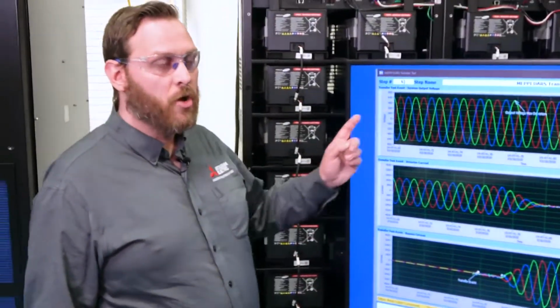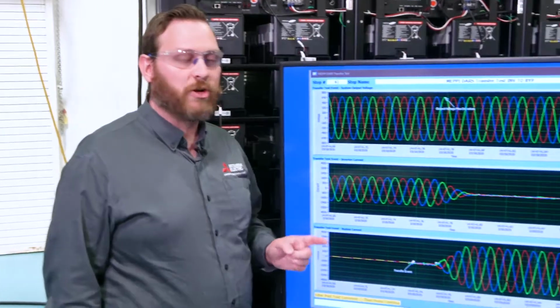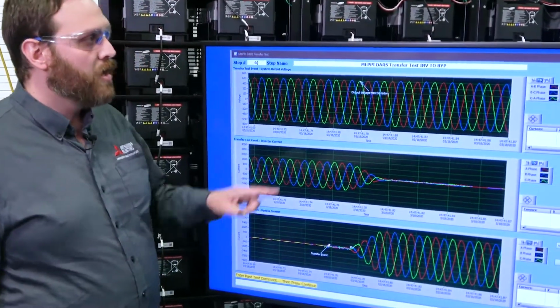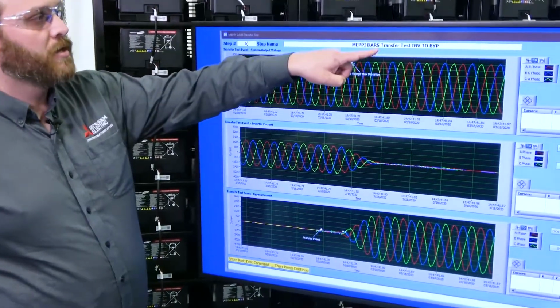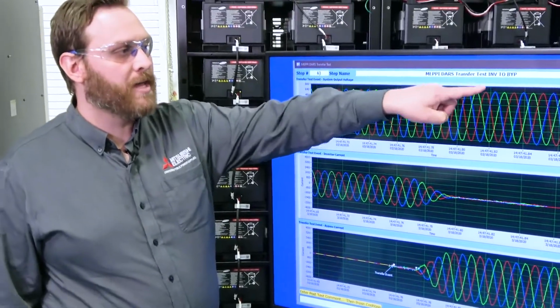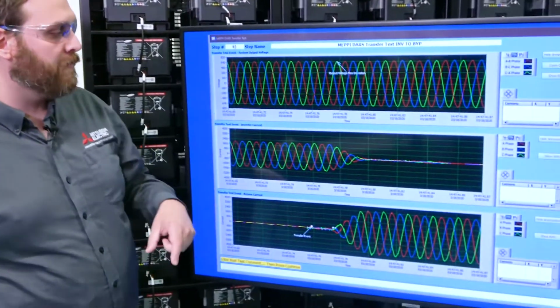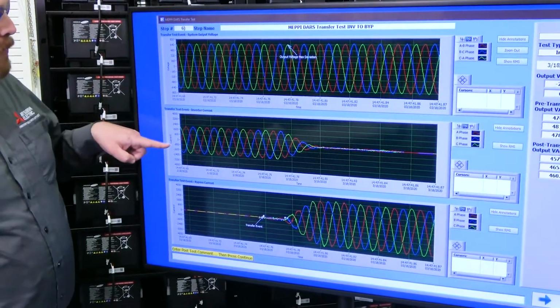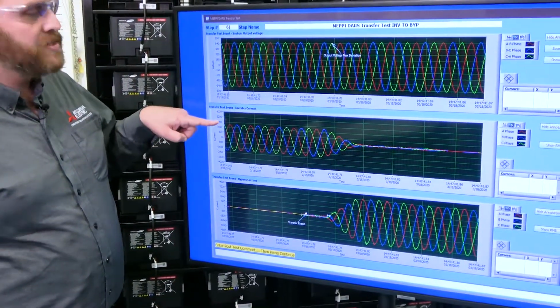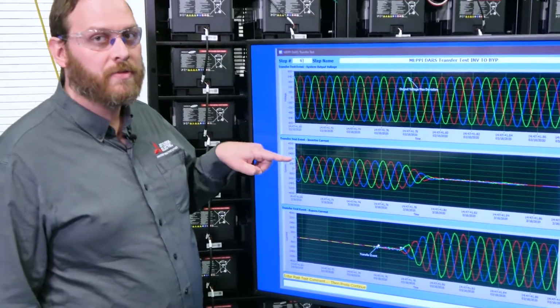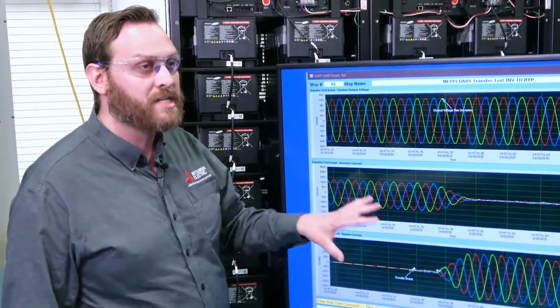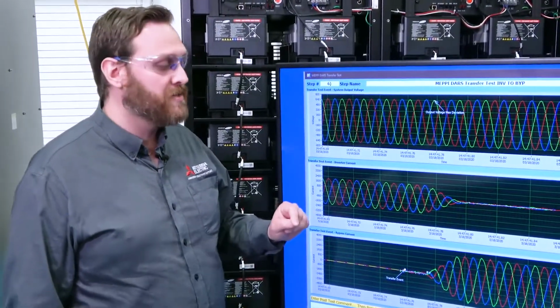Over here, showing our data acquisition system's recording of that transfer test, we can show the transfer test from inverter to bypass, the UPS output voltage waveform over the entire event, with the UPS operating at full load, with 60% of the current shown on the data acquisition system due to the placement of CTs.